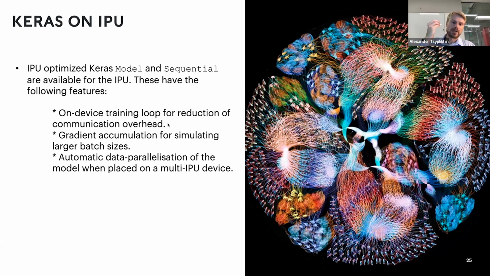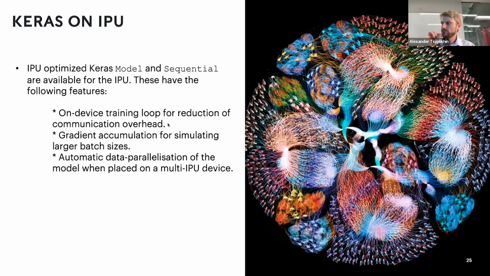So there is an overhead in launching the program, streaming the data to the accelerator, getting the results back. In order to amortize this overhead, it is recommended that you run a loop on the accelerator on the device and process more than one batch.